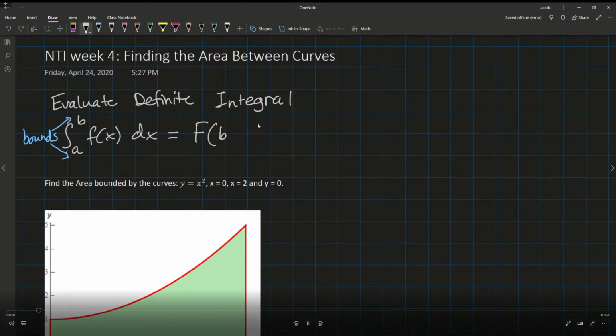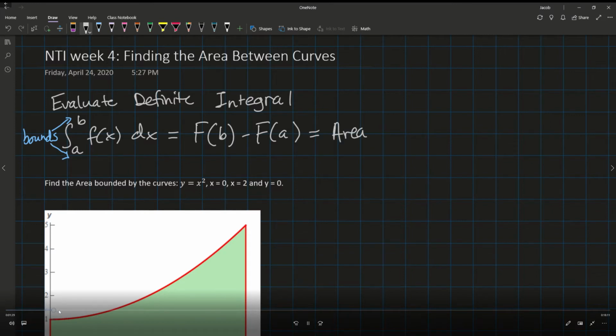And just to remind you what it is, we'll be integrating the function, plugging in b and subtracting the integral of the function with a plugged in. So that will come into play in this lesson.